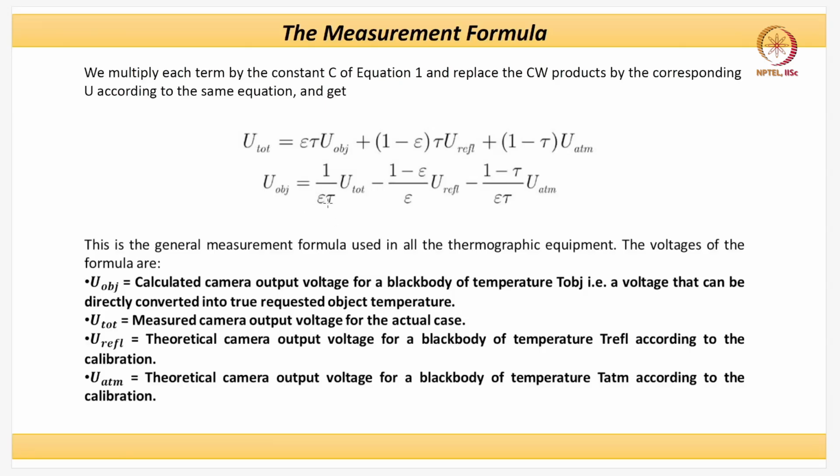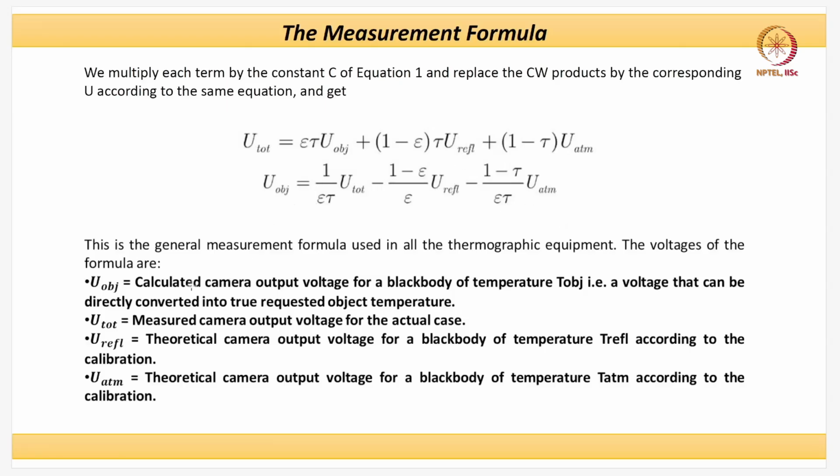So when you operate an IR camera, you have to enter that this object has an emissivity of whatever. That is something that you need to know, because if you do not know that, then you will have an error in your temperature measurement, because it is very sensitive. These things are all pre-calibrated and entered.